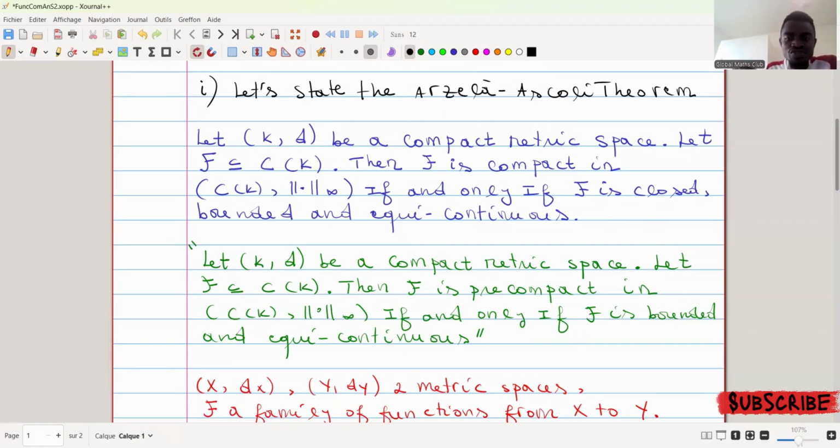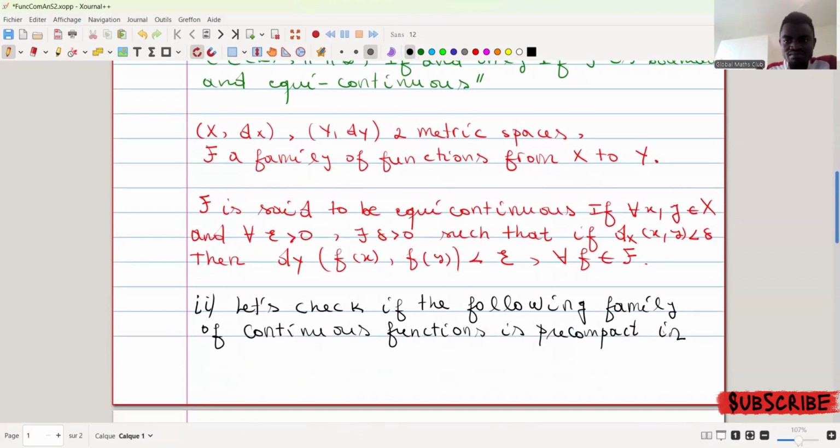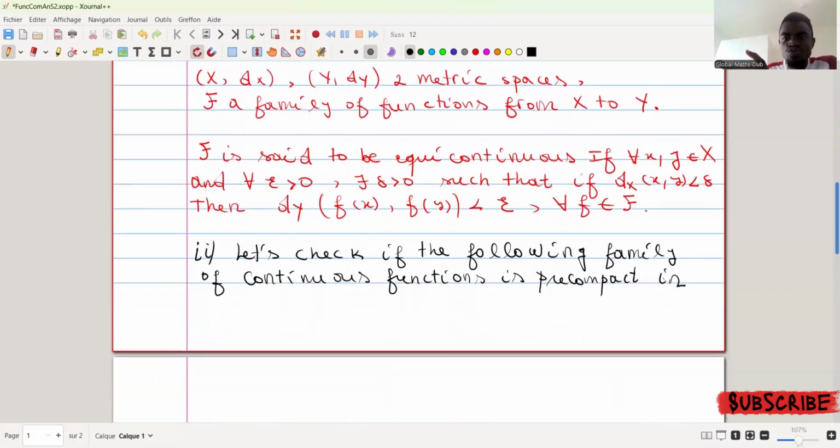So the only thing that we have to show is that that family of functions is bounded and equicontinuous. If we show that, then we will conclude that the family of functions is precompact. So that is what you should do.